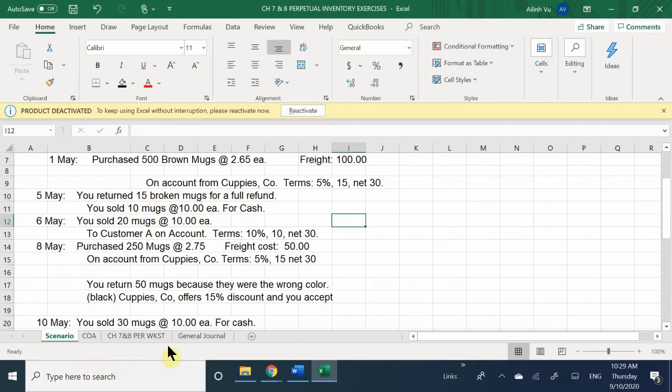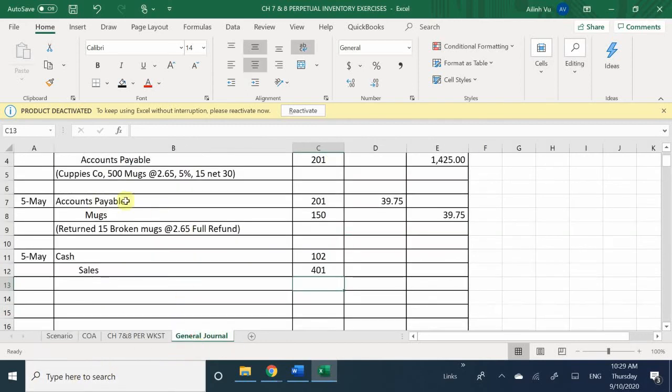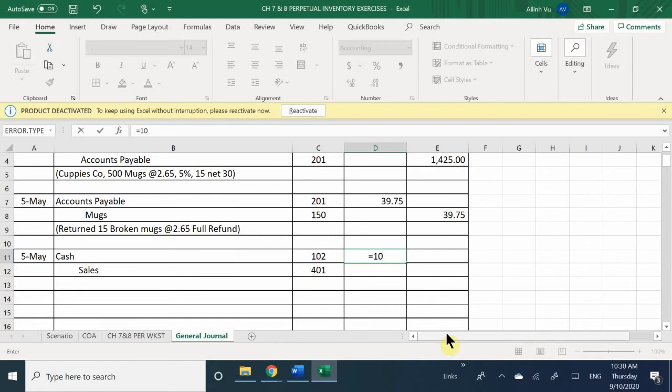So what is my total amount that I'm actually calculating? $10 each, and I sold how many cups? 10.